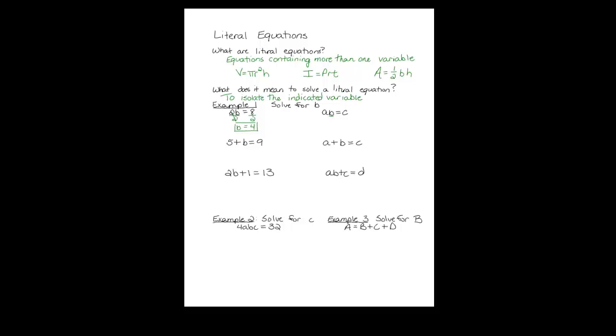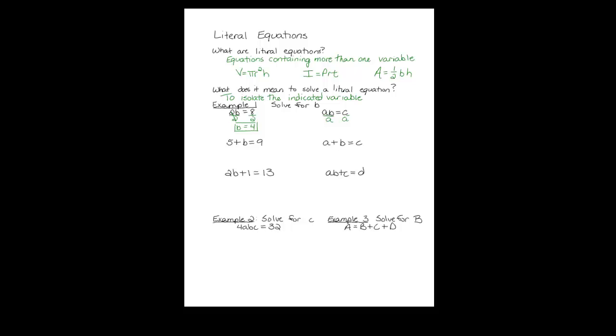Here we have a times b. It's multiplication. To undo multiplication, we divide. So in this case, we're going to divide both sides by a. Again, very similar to what we did over here on the left with the 2. It's just now we have a instead of 2.